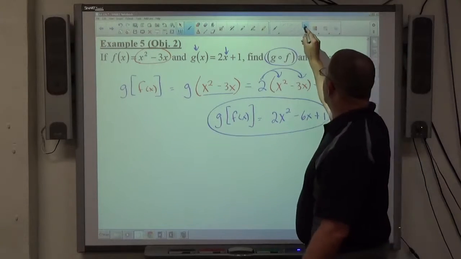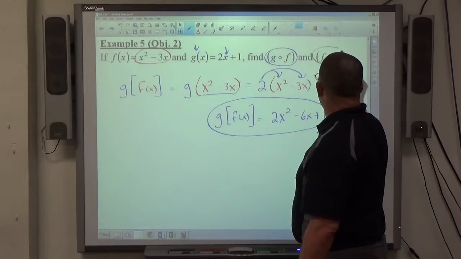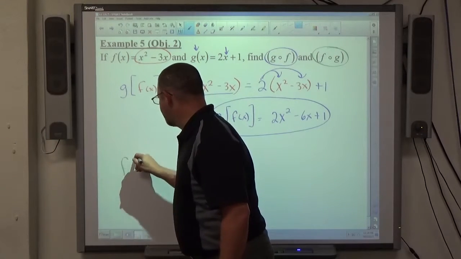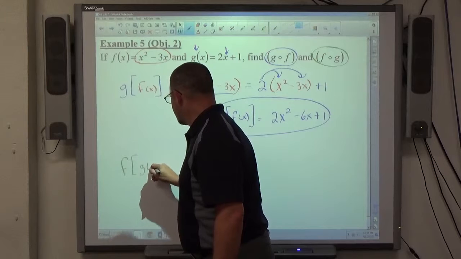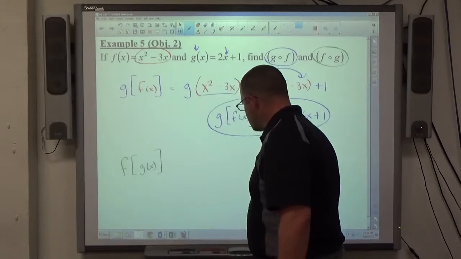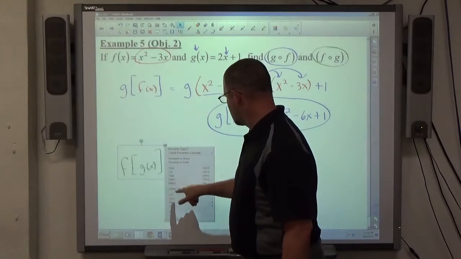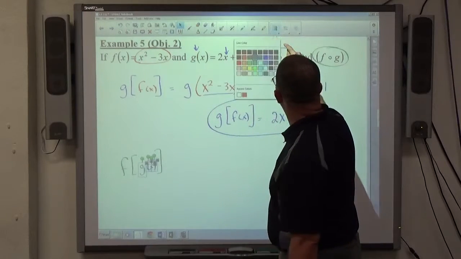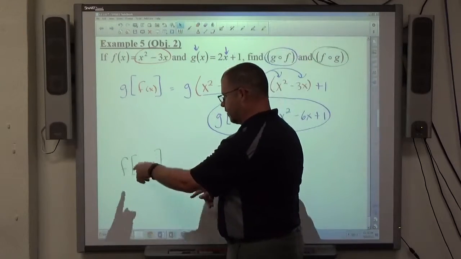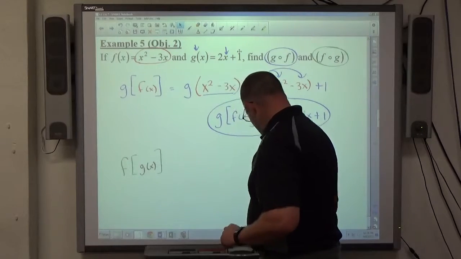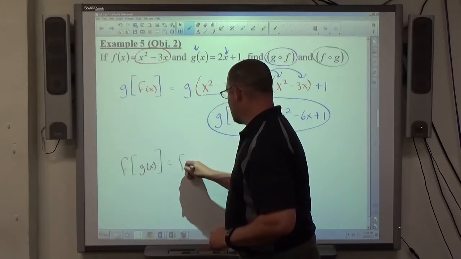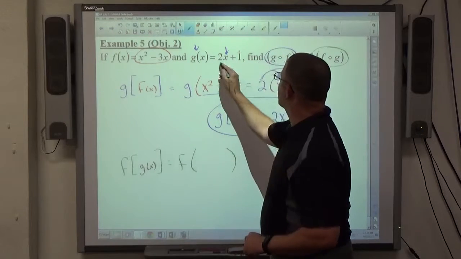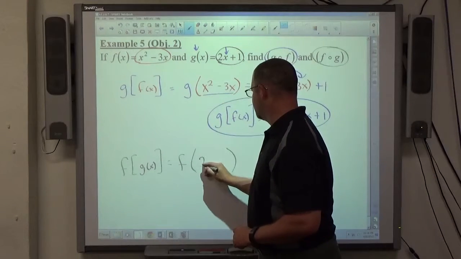The other one asks me to do f of g of x. Again, a more meaningful expression: f of g of x. So this time g of x is the object in the brackets. So f of g of x means I'm actually doing f of what g of x is, and g of x is this expression, 2x plus 1.